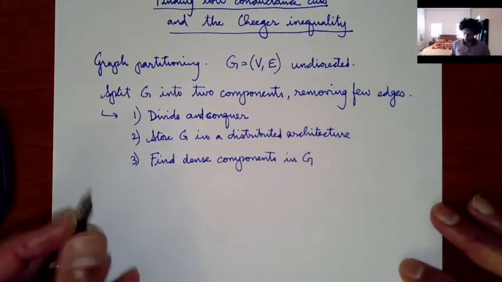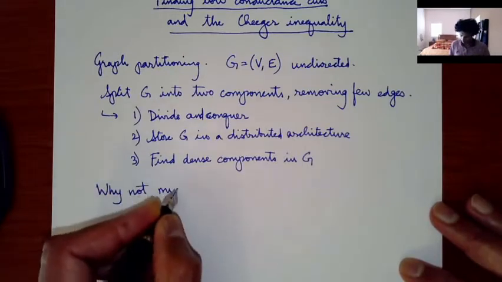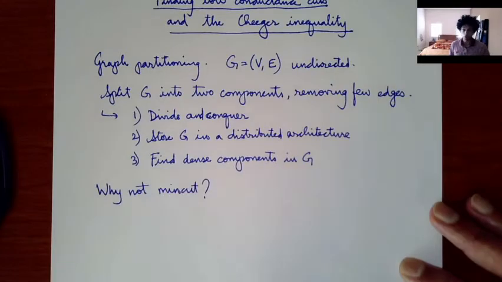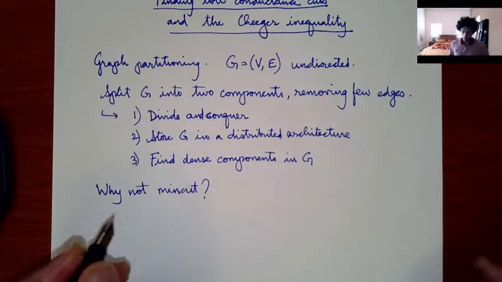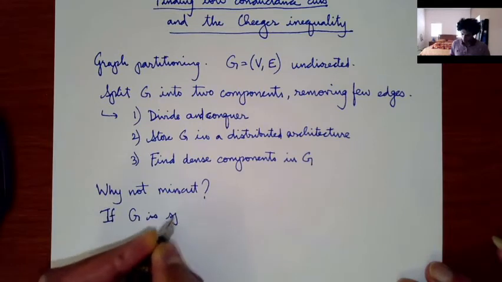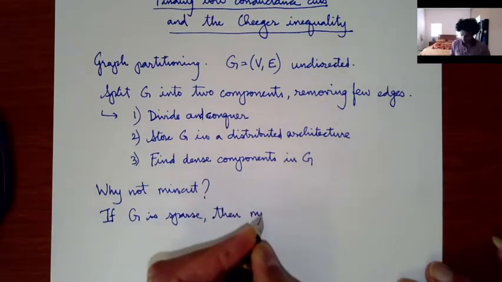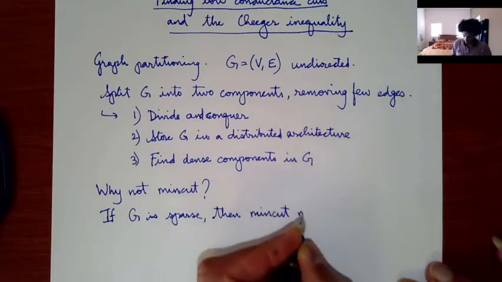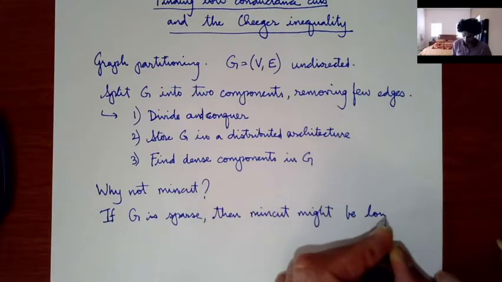So you might say, why not min cut? We know how to solve min cut in polynomial time. So we could just go ahead and compute the global min cut. And the problem, if you think about it, if G is sparse, then the min cut might be just the lowest degree.